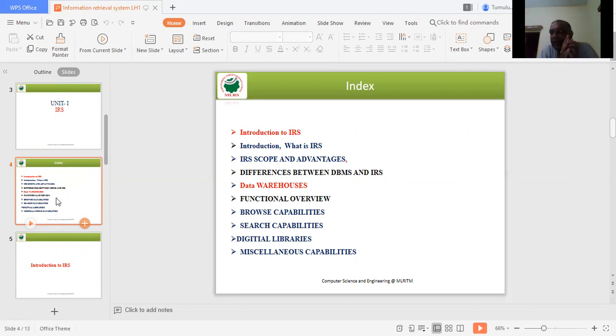We are having a data warehouse, with a collection of history files. Then the most important topic in the first unit is the functional overview of the IRS. Then we have the browse capabilities, the search capabilities, the digital libraries, and miscellaneous capabilities. So these are the topics of the first unit.